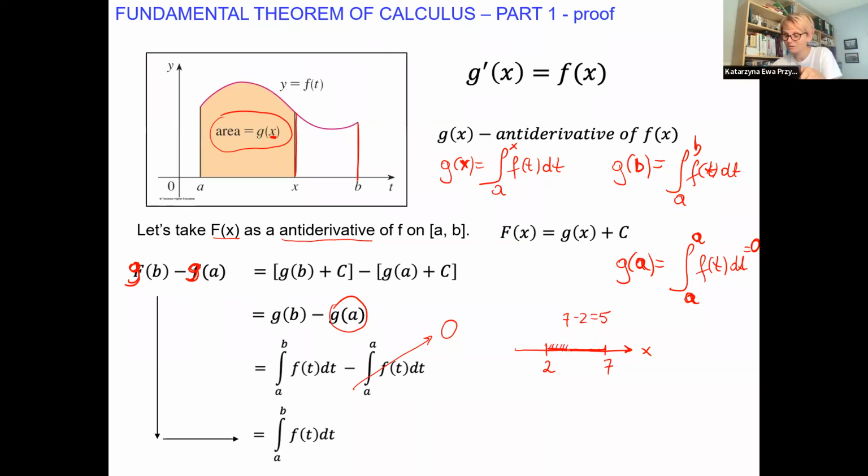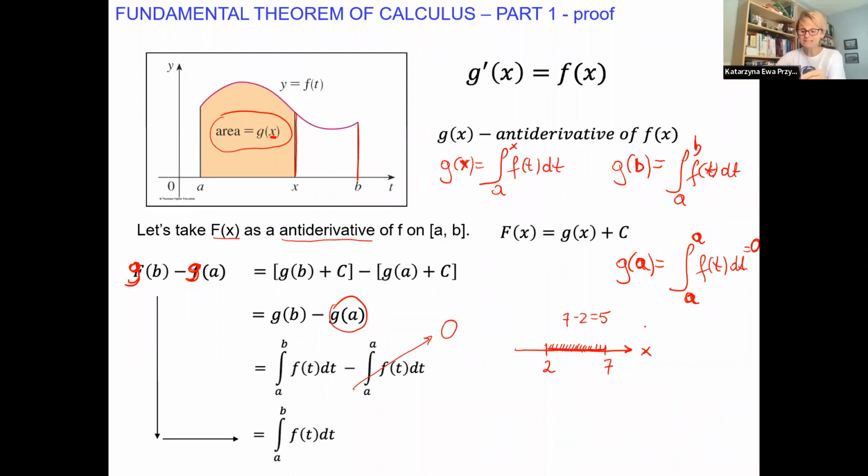I know this is probably so obvious. Number of units between 2 and 7, it's 5. But let's see what we did. We did 7 minus 2, yeah? We just need the endpoints to find the length of the entire interval. I'm not looking and counting, yeah?